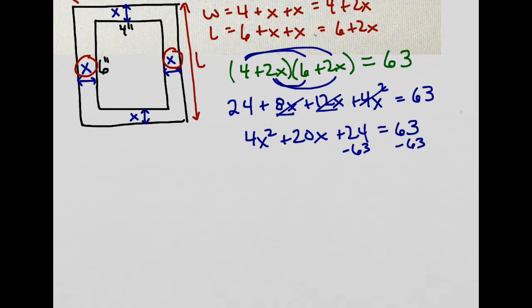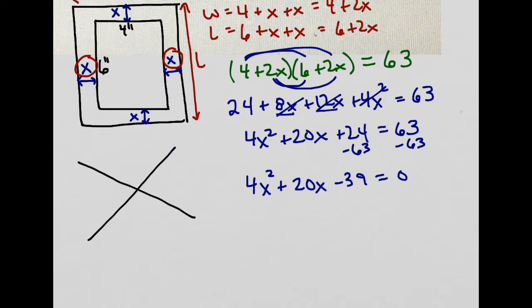Let's give us a little more space here. So 4x squared plus 20x minus 39 equals 0. Alright, so now we're going to go ahead and use the asterisk method on this problem so that we can find our factors, so we can find our solutions.